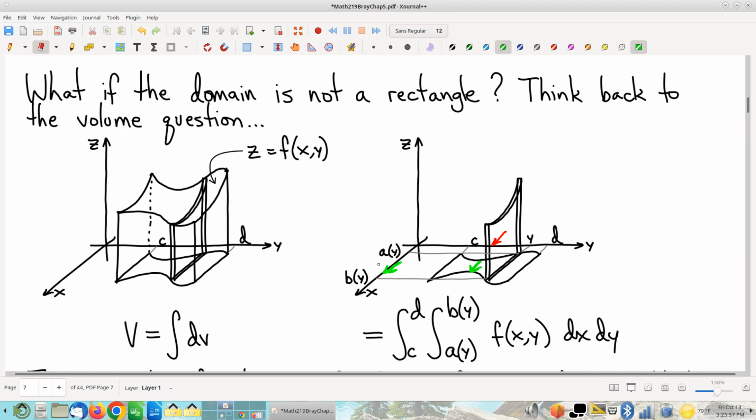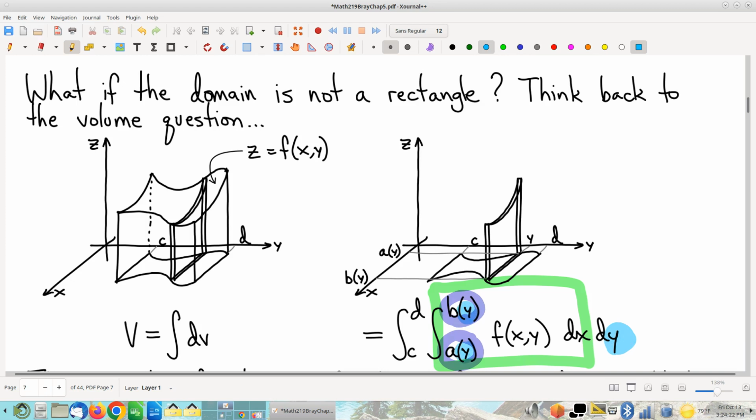So that's the only difference. And algebraically, the way that looks is whatever your inside integral is, the bounds will be functions of the outside variable. That's it.